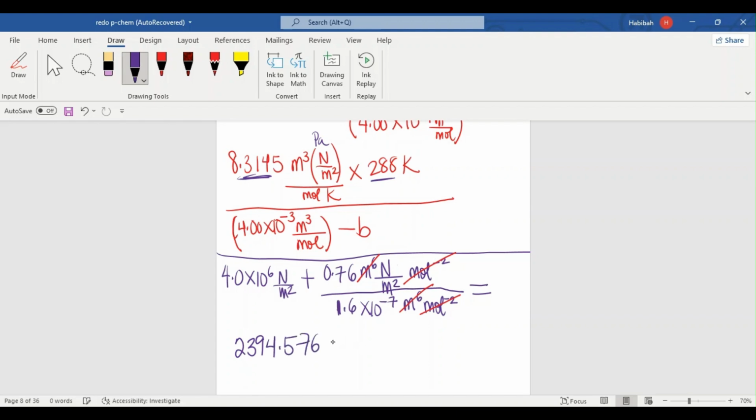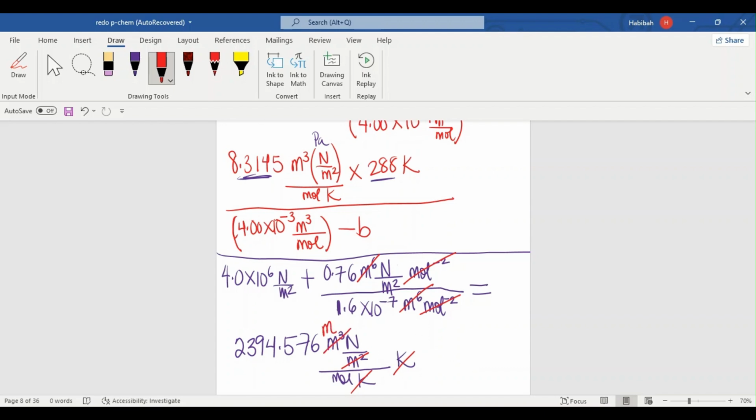2394.576. We have the meter cubed Newton divided by meter squared, and then mole Kelvin here, and of course Kelvin here. What you can simply do is cancel out the Kelvins. You can also cancel out m squared from m cubed, which leaves you with m.